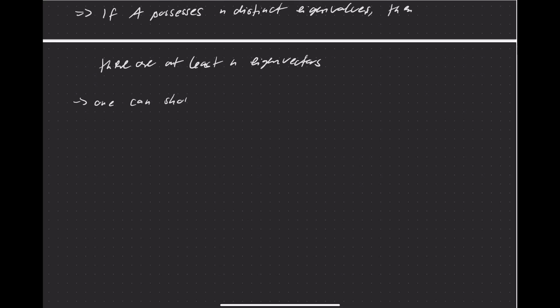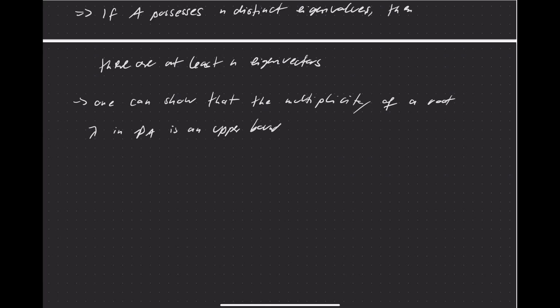One can show that the multiplicity of a root lambda in P_A, the characteristic polynomial, is an upper bound to the dimension of the eigenspace associated to that lambda.